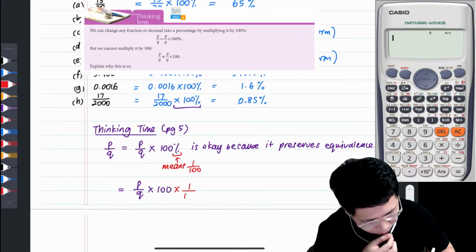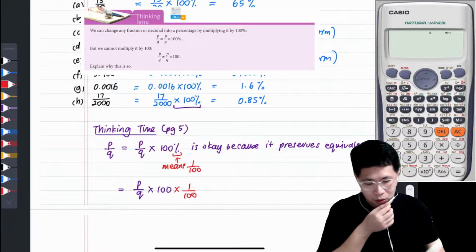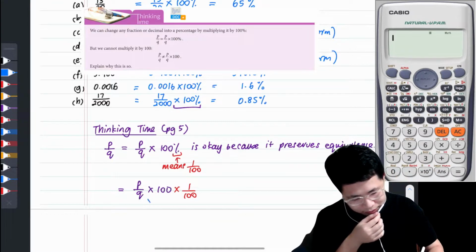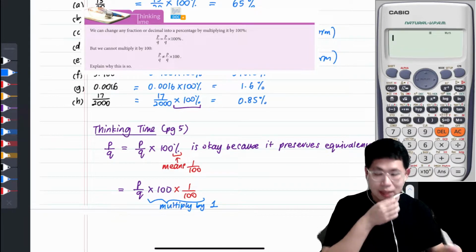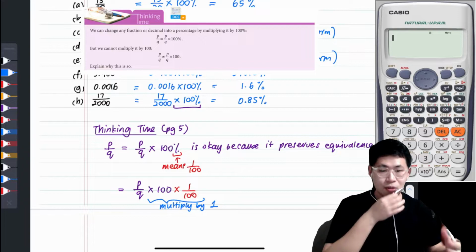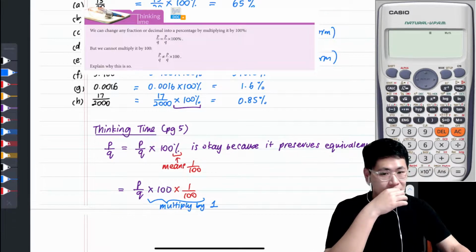It is multiplied by 1 over 100, so the overall effect over here is just to multiply by 1. When you multiply by 1, it doesn't really change anything, so it really preserves that equivalence.